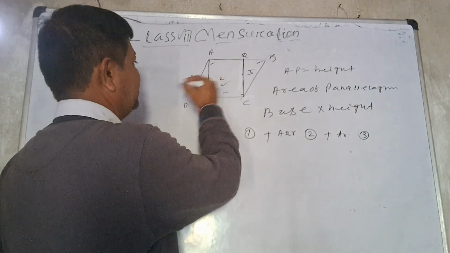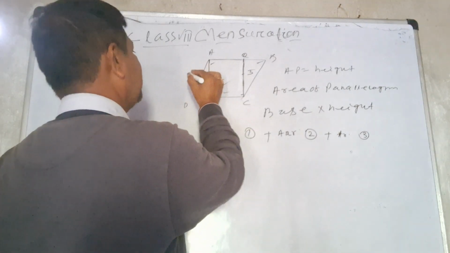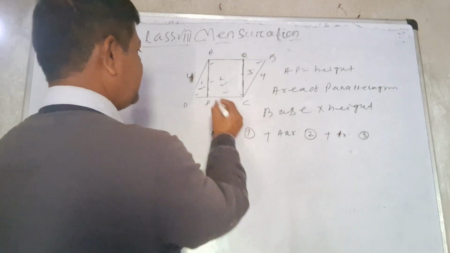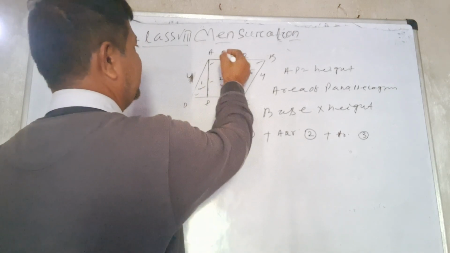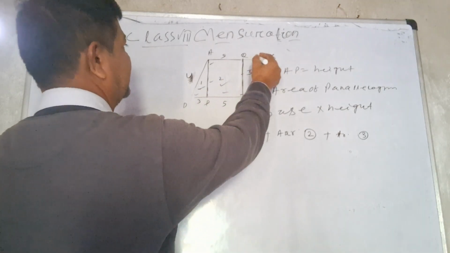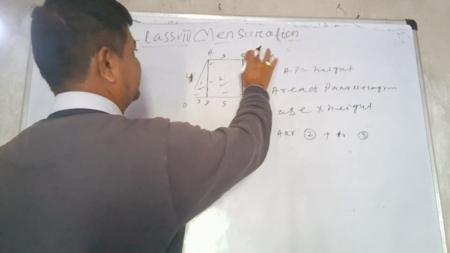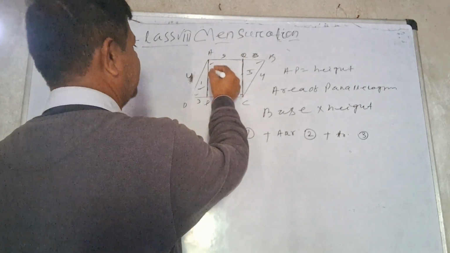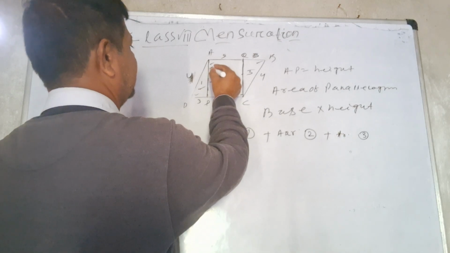If this side is given 3 or 4, it is also 4. This is given 5, it is also 5. It is given 3, it is also 3. The height is also given, 4 cm, 5 cm.